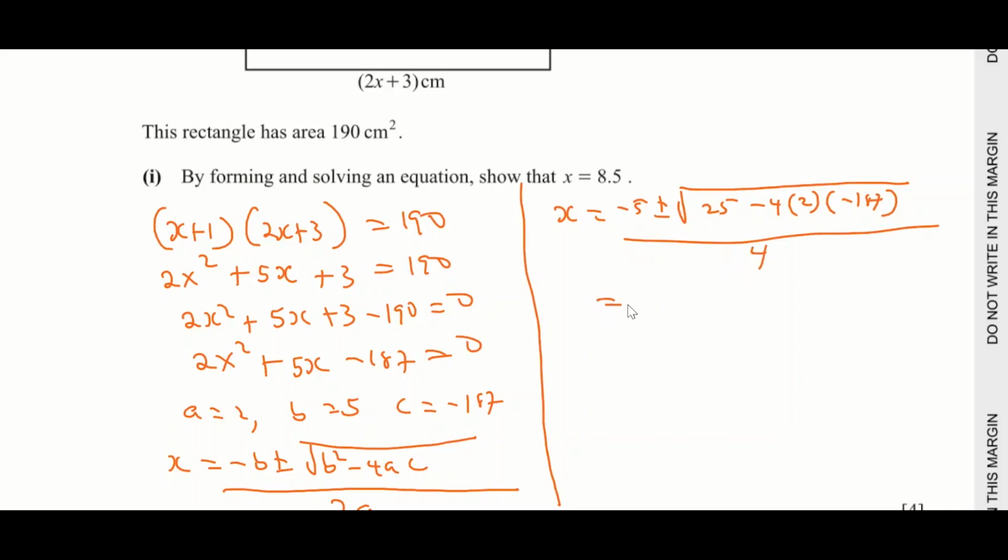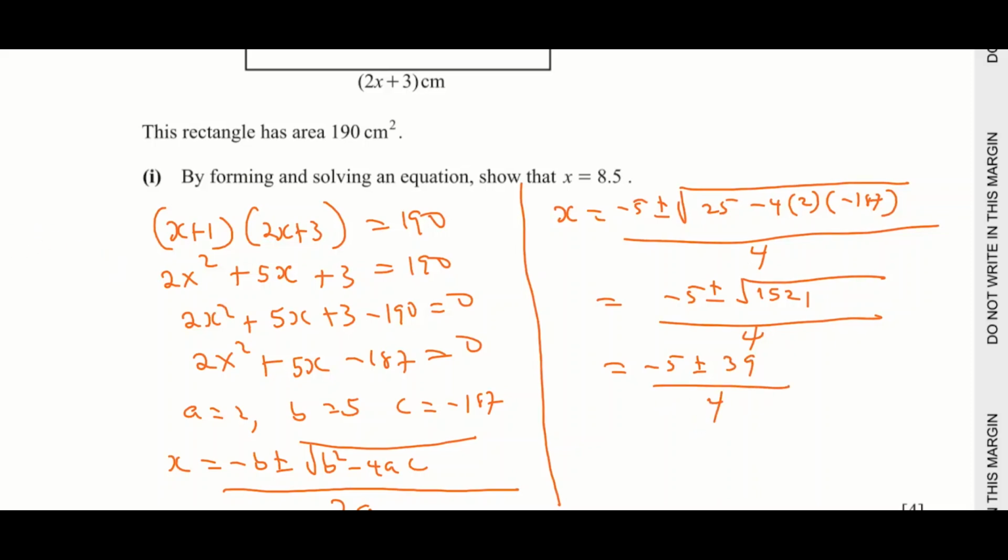So this will be equal to minus 5 plus or minus, everything should give you 1521 inside the radical, then over 4. If you take the square root of 1521, you should get 39 over 4.